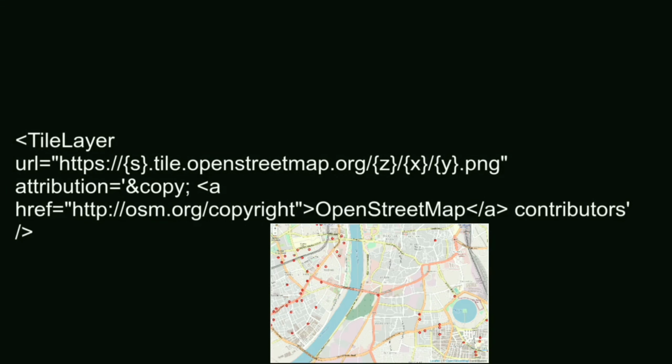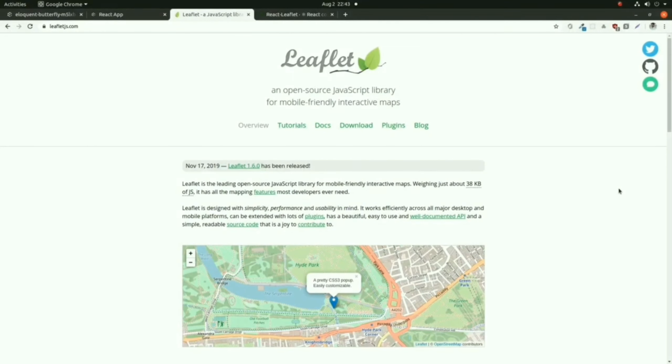Tile layer basically renders the background of your map. Its URL attribute contains the URL of the background image. That URL you can take from the official website of React Leaflet, and the attribution element contains the link for the copyright of the OpenStreetMap library. Now, before continuing with the tile layer, we need to include the leaflet CSS in our project.